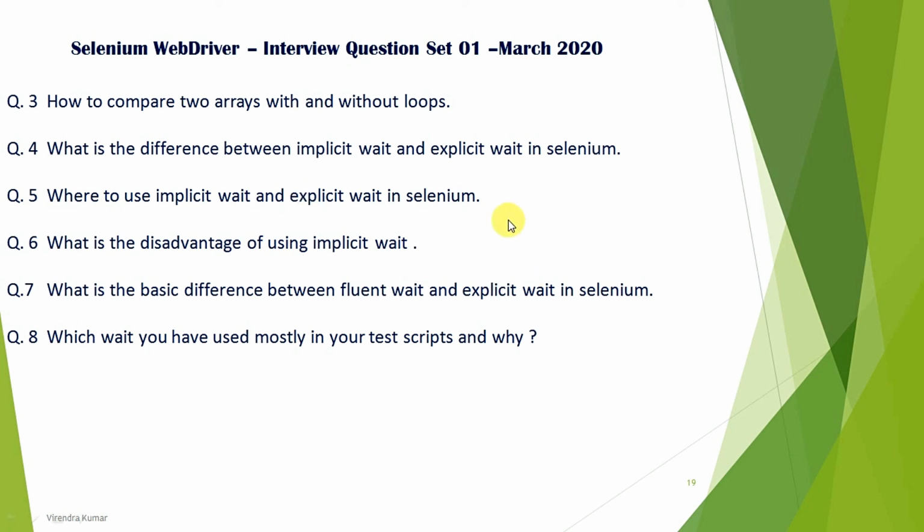These are very important. Out of these waits, the explicit wait is very important. So you should know the explicit wait with the syntax of the different types, and what the advantages and disadvantages of the explicit wait are.